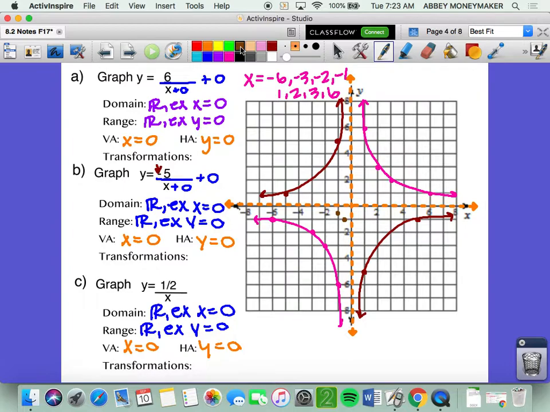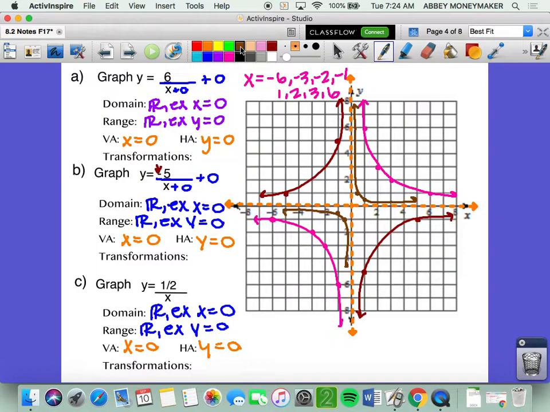Same thing with the positives. If you want to do +1, you get out +1/2. If you want to use 1/2, you would get out 1. And again, we're going to use those asymptotes as our guide for graphing. You want to use those asymptotes for graphing.